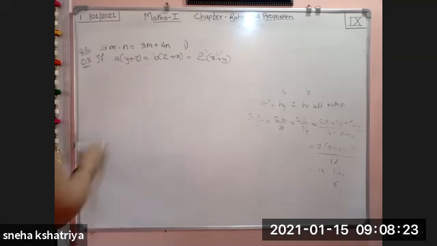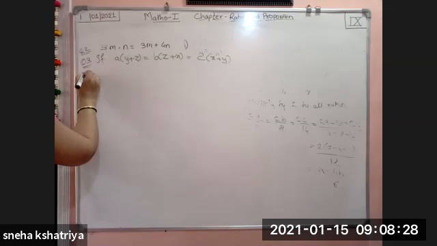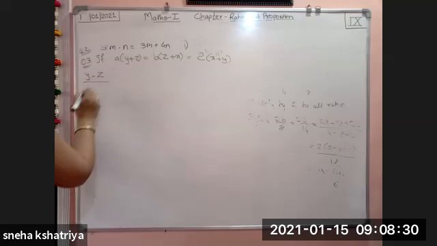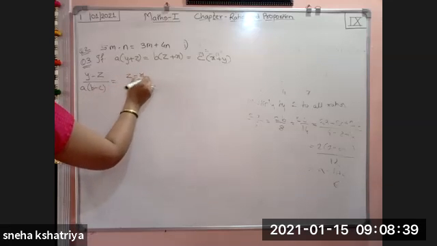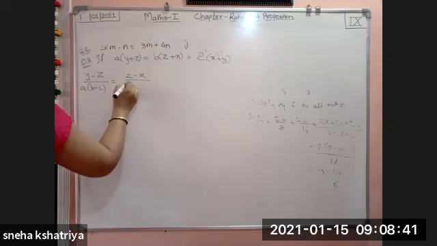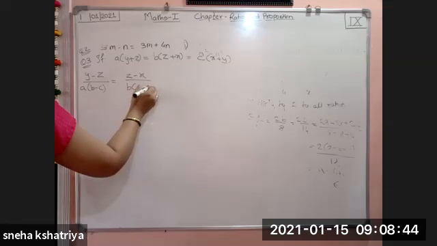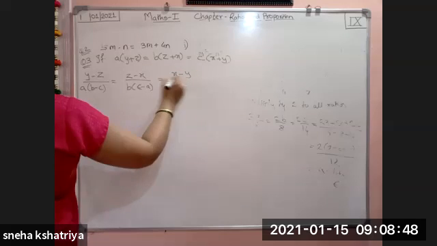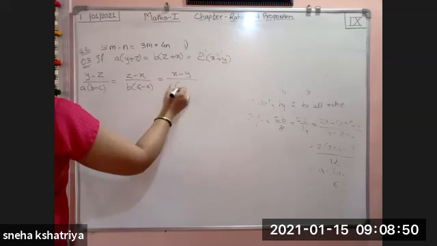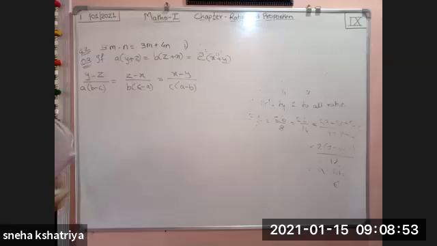Then show that (y − z) / [a(b − c)] = (z − x) / [b(c − a)] = (x − y) / [c(a − b)].